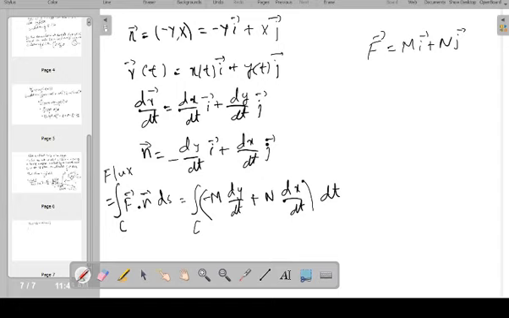This is also represented by the integral from a to b of minus m dy plus n dx.